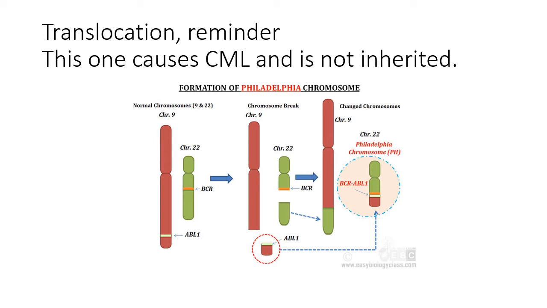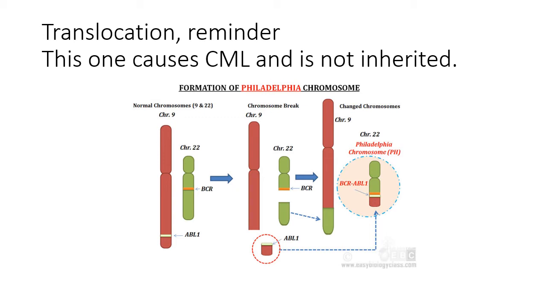Okay, so we already saw chromosome translocation once, and this is just to remind you that CML, chronic myelogenous leukemia, is caused in large part by a reciprocal translocation involving chromosomes 9 and 22. In this particular translocation, part of chromosome 9 containing the ABL proto-oncogene is swapped with the chromosome 22 BCR region, breakpoint cluster region.